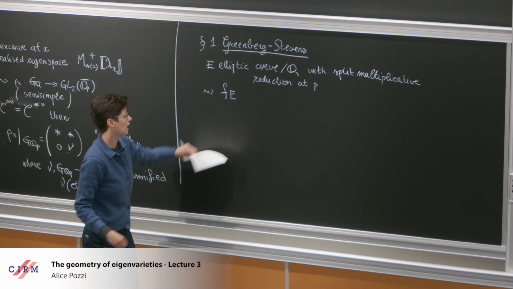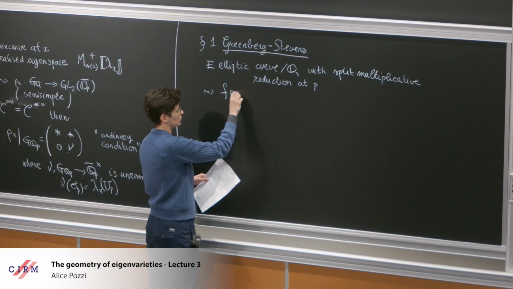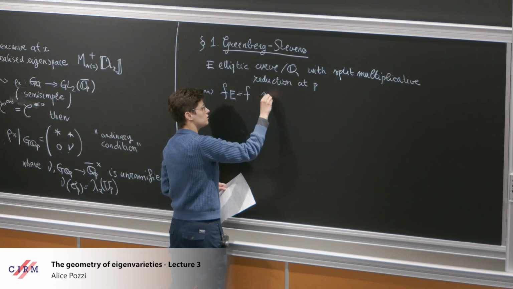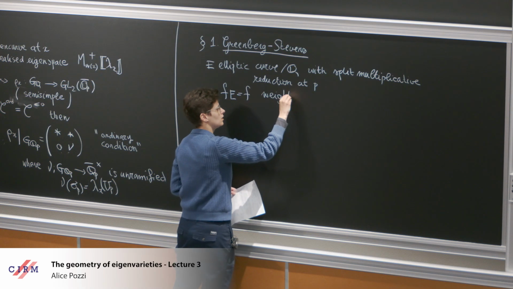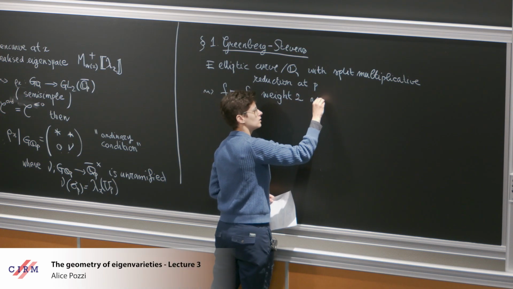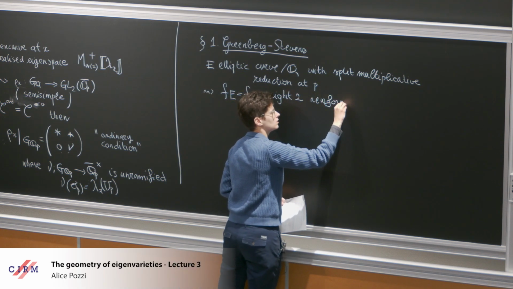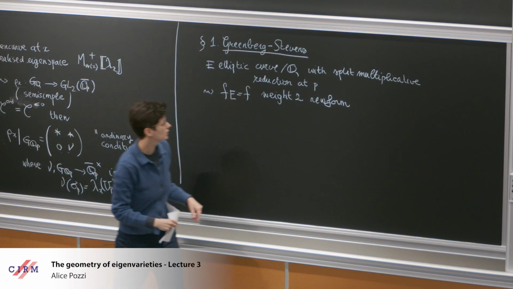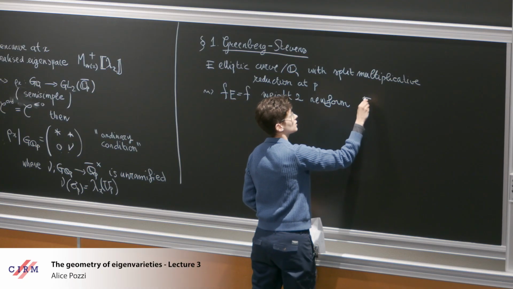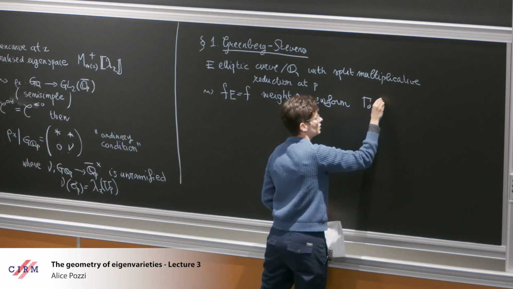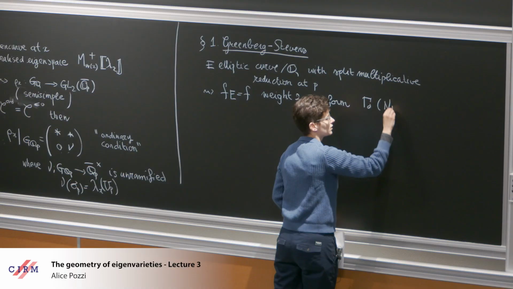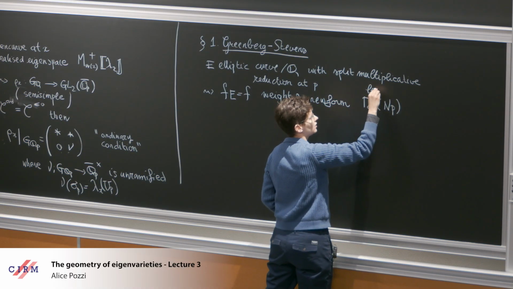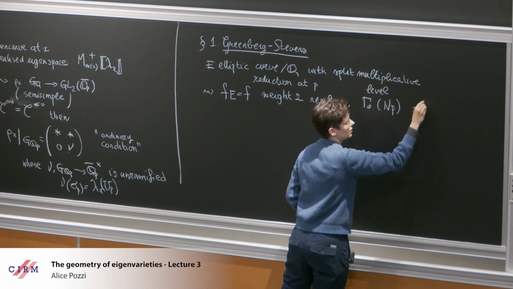I'm going to call it f_E, maybe just simply f, the weight two newform corresponding to my elliptic curve, which, because of the split multiplicative assumption, will have level Gamma_0(Np) with p not dividing N.